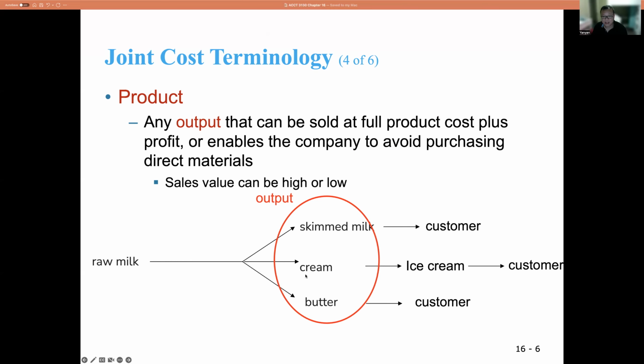That's a product. For cream, maybe you do not sell it directly to a customer, but it is the material to make ice cream, and then you sell to the customer, right? So the company doesn't have to purchase cream to make ice cream. So this output is also considered a product.